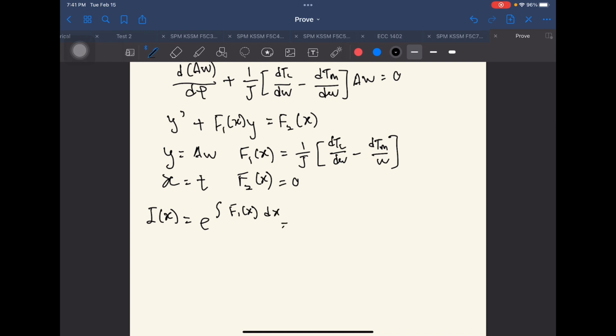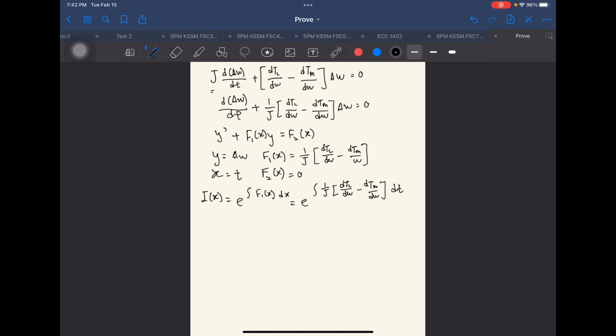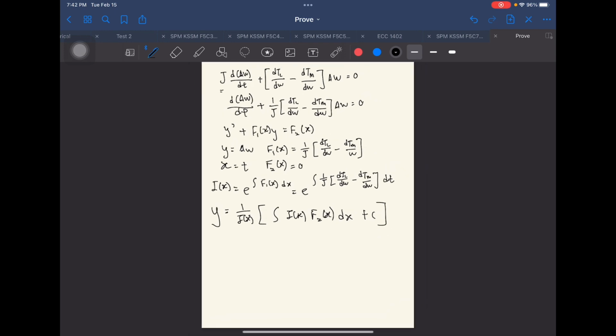Okay, so this equals e to the integral of f1x, you just sub it inside. Then what is your dx? dx is dt. Okay, so here your general equation for y is 1 over ix times the integration of ix f2x dx plus c. So here your y is delta omega.